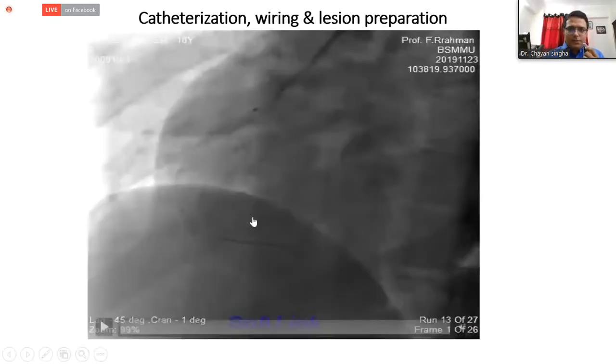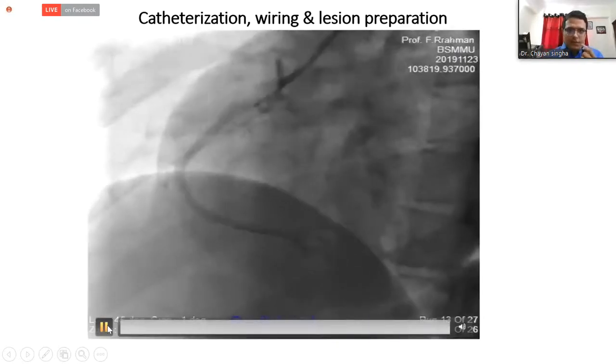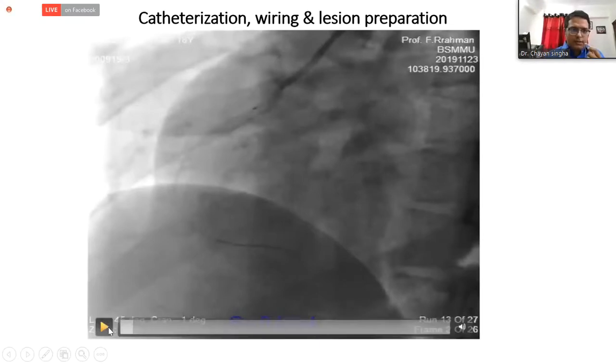Accordingly, we proceeded through the right femoral approach. We engaged the right coronary artery through a 6 French guide catheter, negotiated a Fielder FC wire and predilated the lesion with a 2.2 by 12 millimeter balloon.